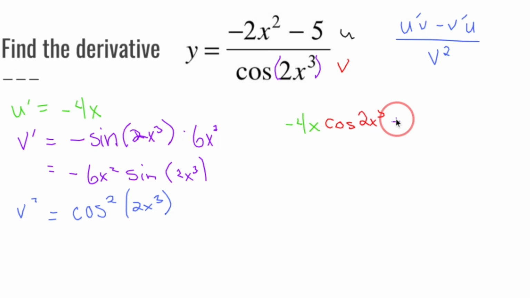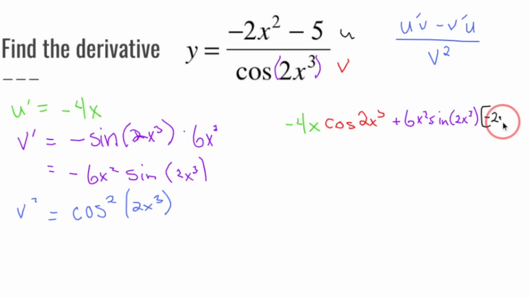So minus negative is plus 6x squared sine 2x to the third times u, which is this little polynomial right there. So I'll put that in parentheses. I'll actually put a nice little bracket.